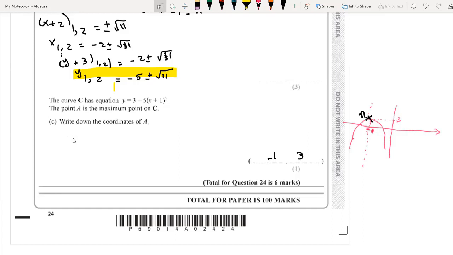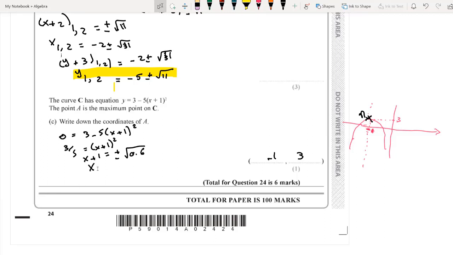If you just, for your interest, want to find the roots, you can solve by letting y equal to 0. This is outside the answer of this question, but just for you. You have y equals 0, so you get 3 minus 5(x plus 1) whole squared. So you get 3 over 5 equal (x plus 1) whole squared. So you have here x plus 1 is equal to plus or minus root of 3 over 5, which is 0.6.